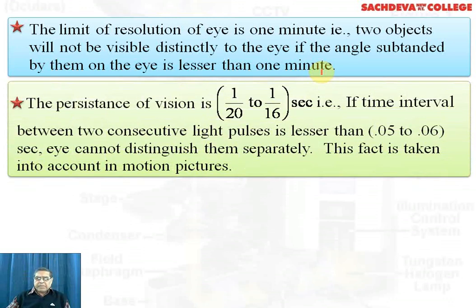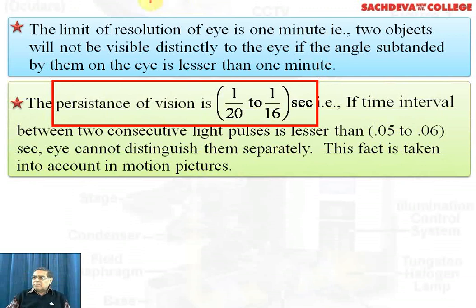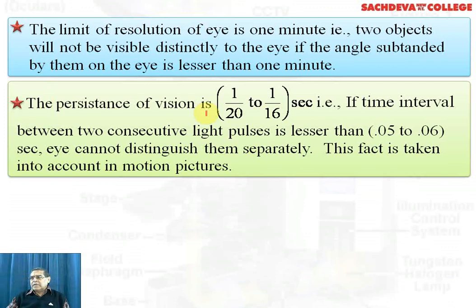Now, the persistence of vision. As I have explained earlier, the retina has a tendency to retain the image maximum up to 1/16 seconds and minimum 1/20 seconds. So the persistence of vision of a normal eye varies from a minimum of 1/20 seconds to a maximum of 1/16 seconds, and we can see 16 to 20 images.